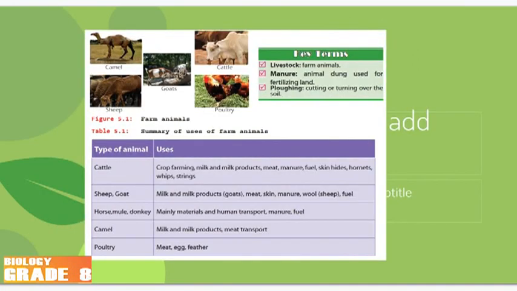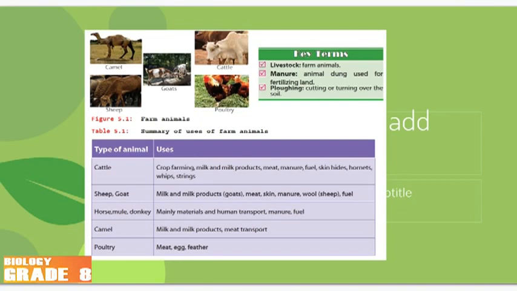So here's a few different types of animals and their use. So start off with cattle. Cattle are used for crop farming, milk and milk products, meat, manure, fuel, skin hides, horns, whips, and strings. Sheep and goat are used for milk and milk products, meat, skin, manure, wool, and fuel.